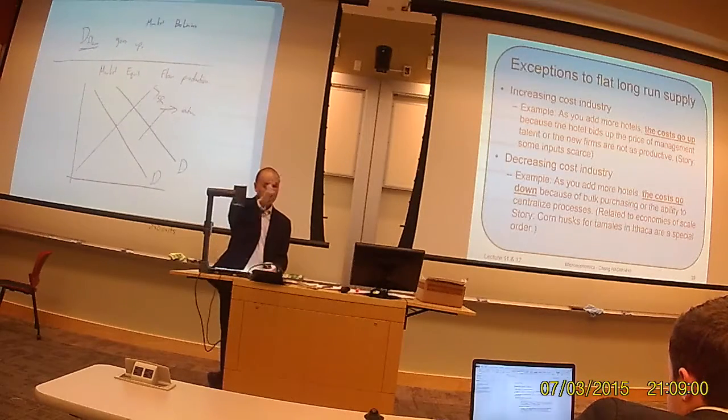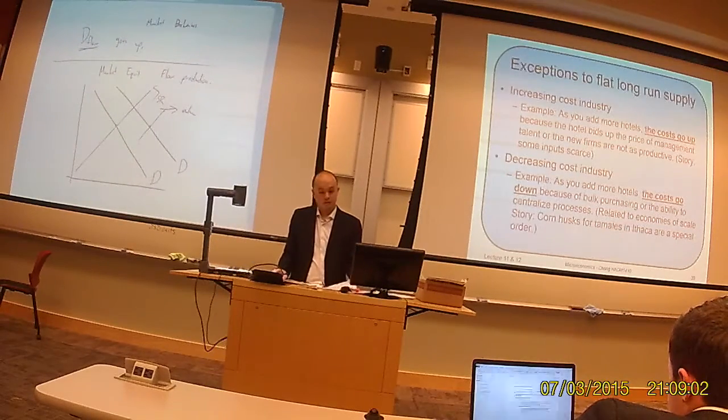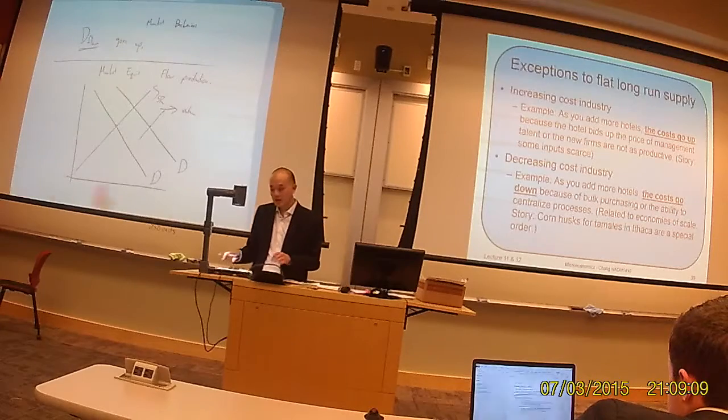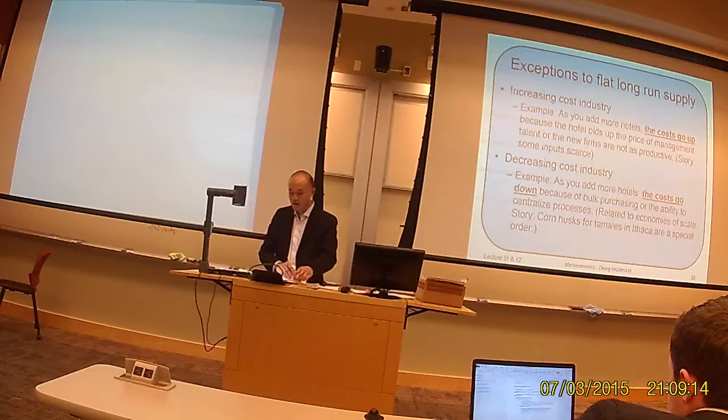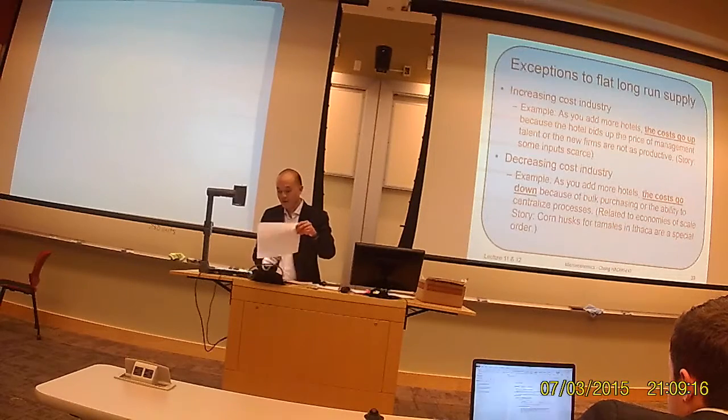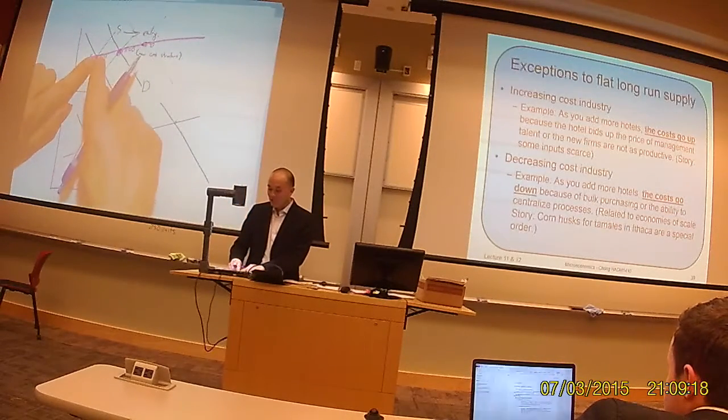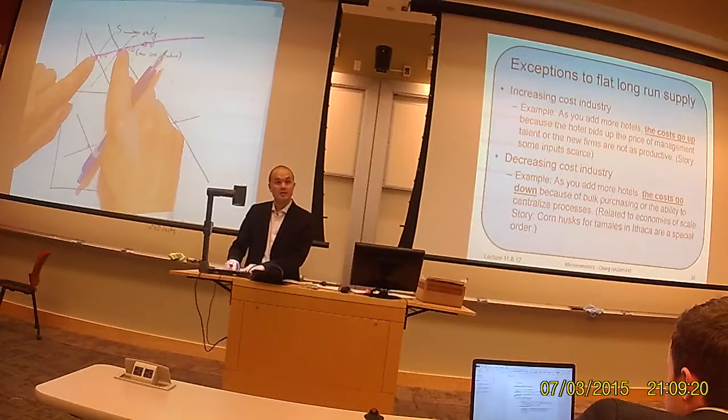If supply and demand both increase, is it necessarily true that the price stays the same, or does one increase more than the other? Yes. Yes and a small no. So the yes part of it is the price increases.